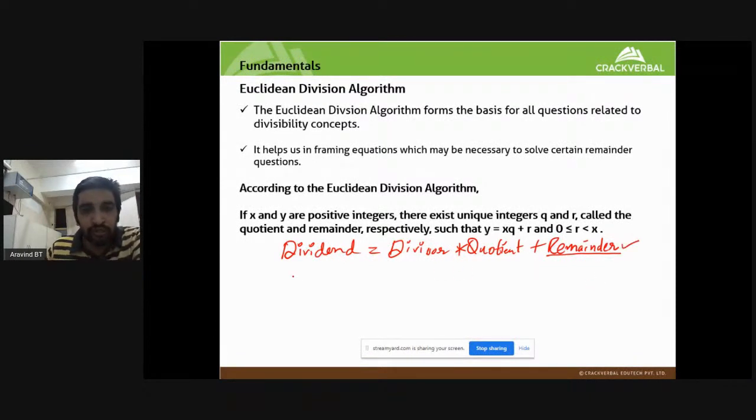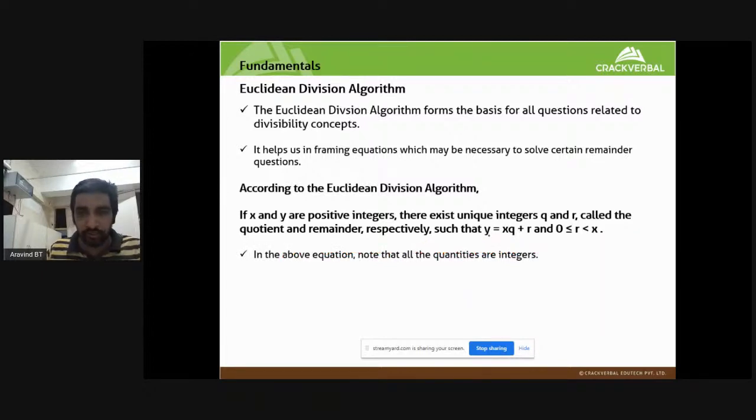Therefore, this equation forms the basis for solving a lot of remainder questions, right? In fact, this is one of the methods that I'll be dealing with today, all right? Note that in the above equation, please note that all the values are integral values. None of these values are decimals. None of these values are fractions.